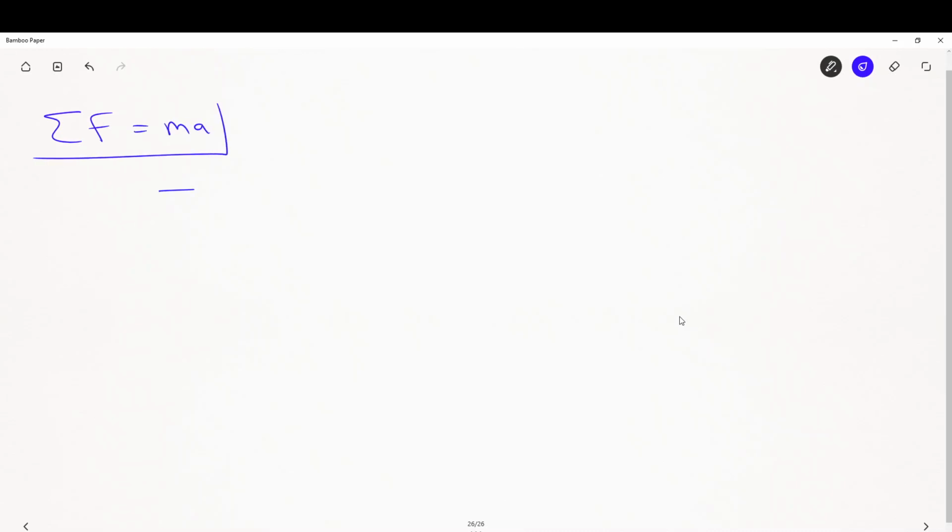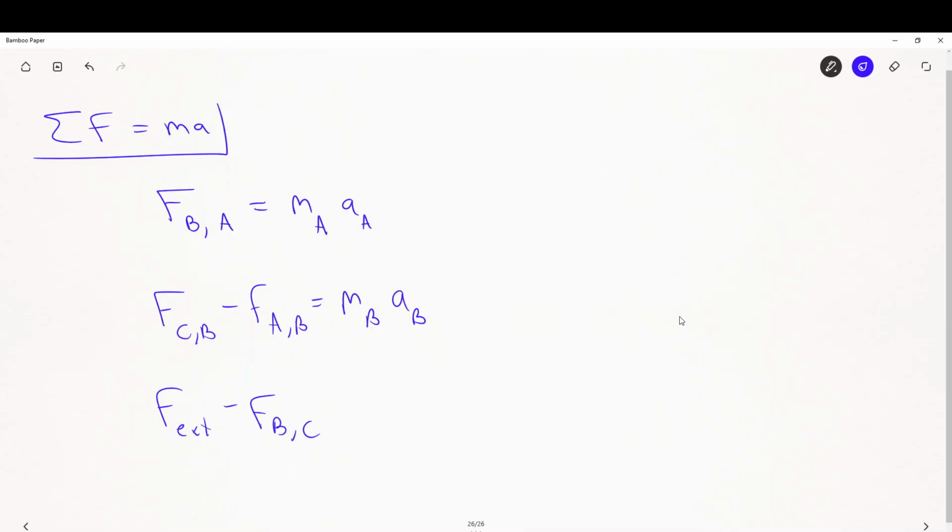And so I can get for sled A, FBA equals the mass of A times the acceleration of A. For sled B, F of CB minus F of AB equals mass of B times the acceleration of B. And F of external minus F of BC equals the mass of C times the acceleration of C. Okay, this is all from Newton's second law.